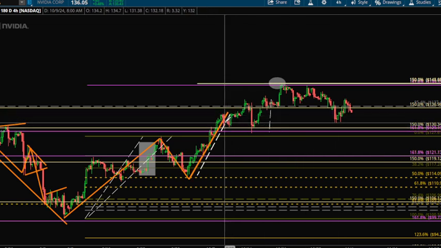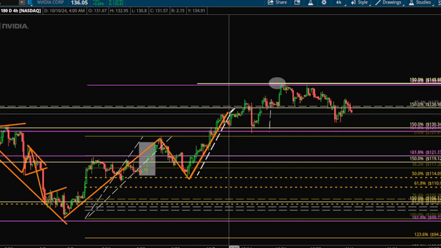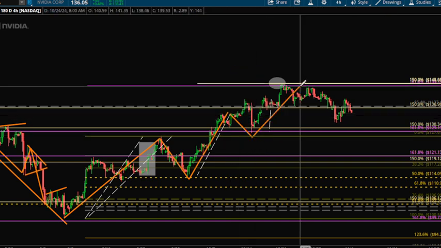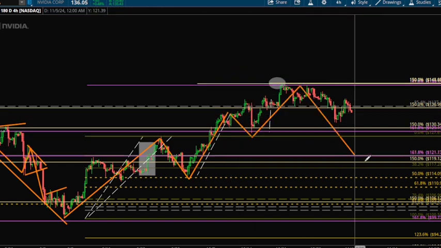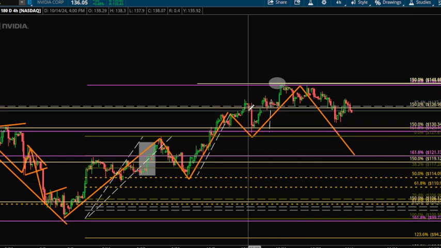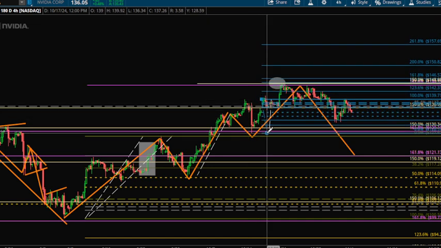How do I draw this? So really it should be like this. And then typically these are 123 off the A leg.